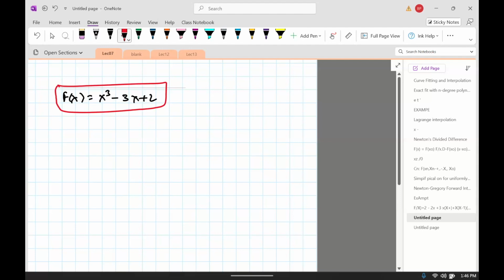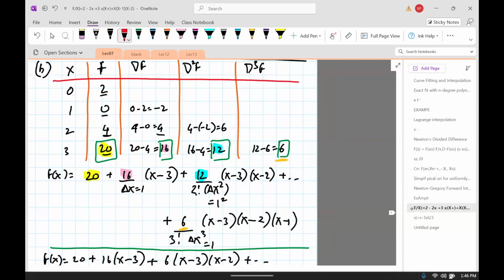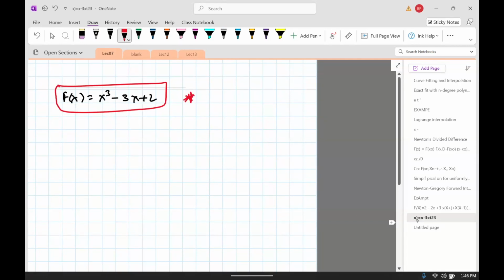Okay. If you look at this answer for part B and you compare it against part A, it's exactly the same. X cubed minus 3x plus 2. X cubed minus 3x plus 2. So both those formulas, Newton forward or backward, gave the same answer.